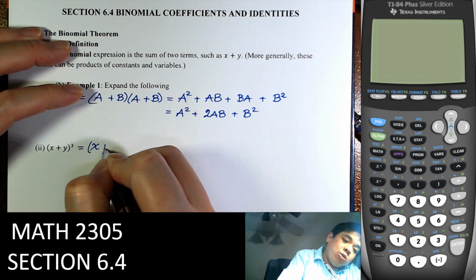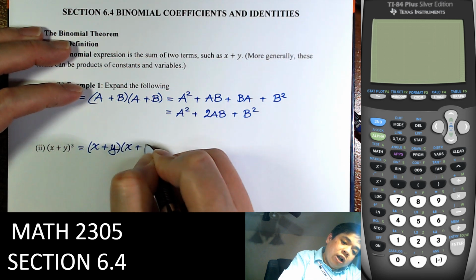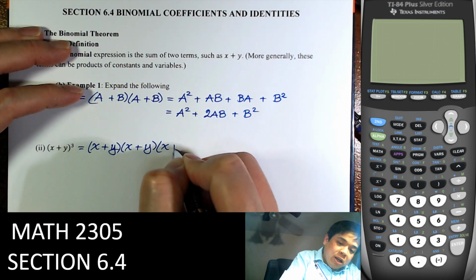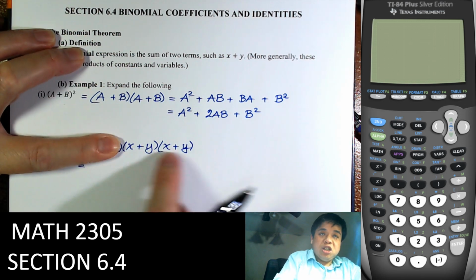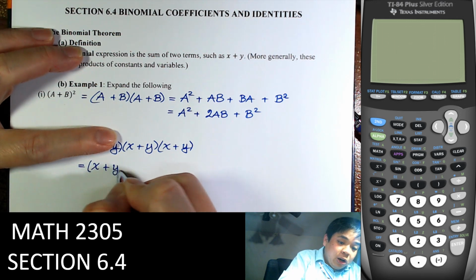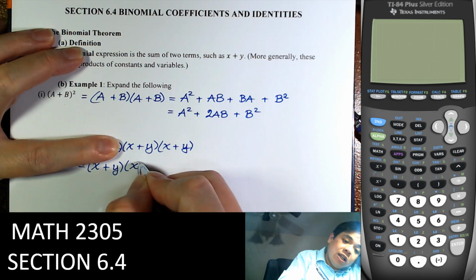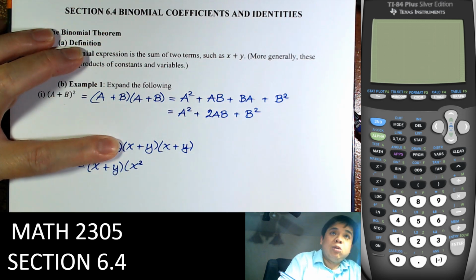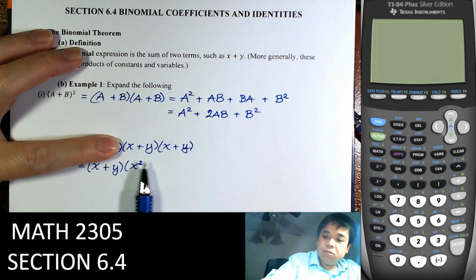Now we have (x + y), (x + y), (x + y), three times. So that makes a cube. Now we multiply these two first. Like I said, we combine like terms and put them in order later. Now just multiply x, actually, just keep x.